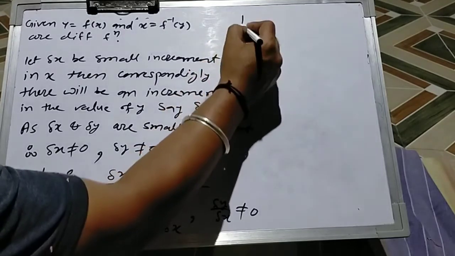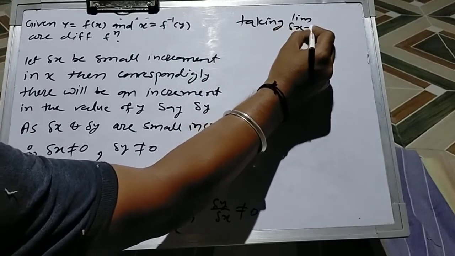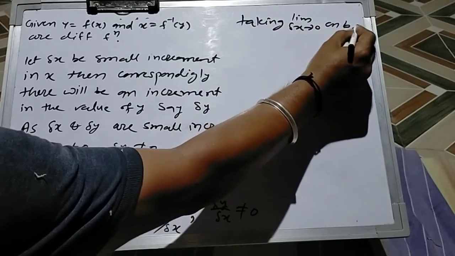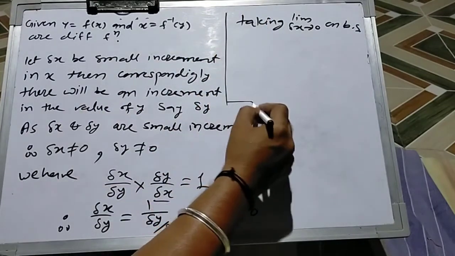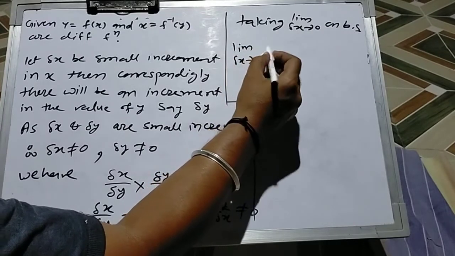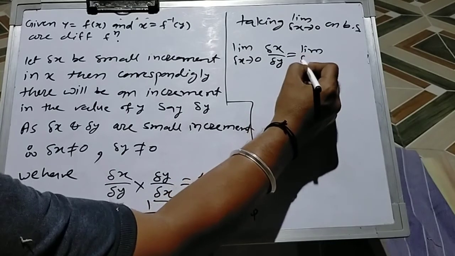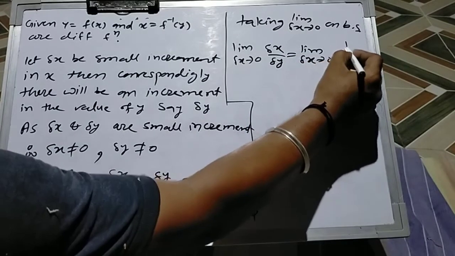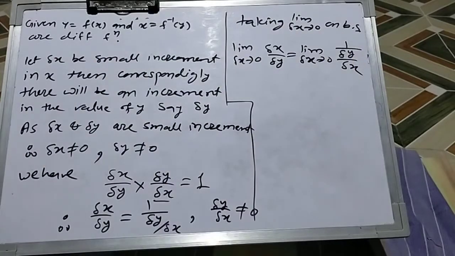Now taking the limit as delta x tends to 0 on both sides, limit delta x tends to 0 of delta x divided by delta y equals limit delta x tends to 0 of 1 divided by delta y by delta x.